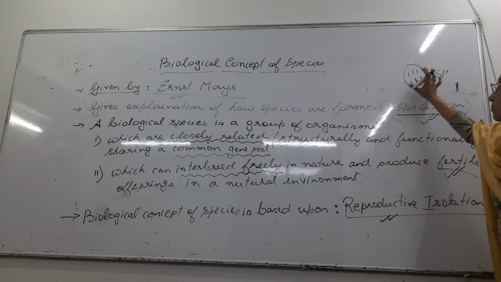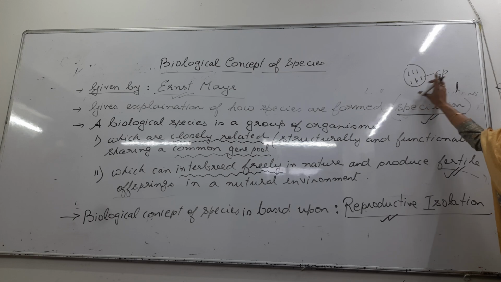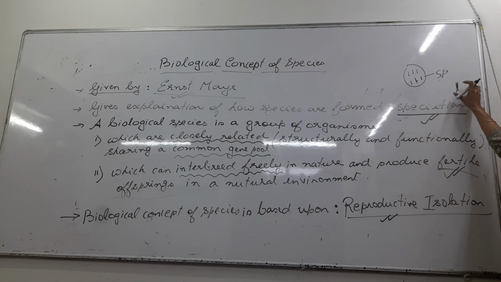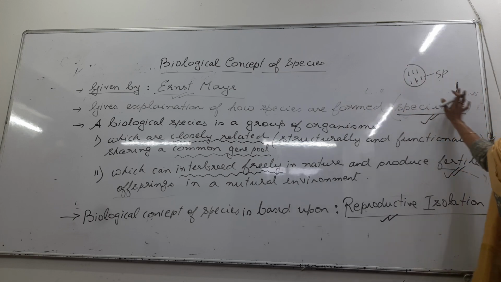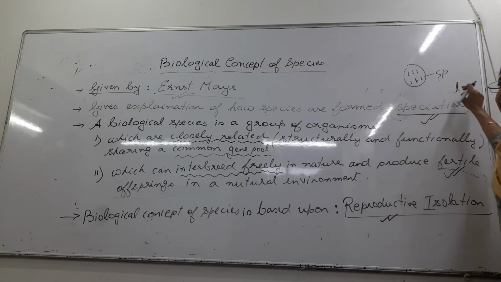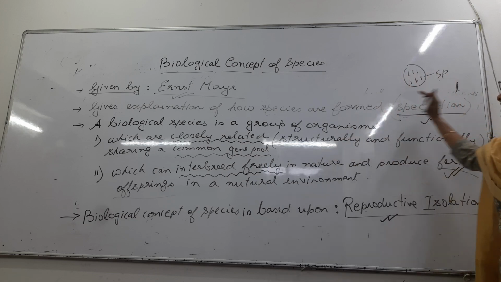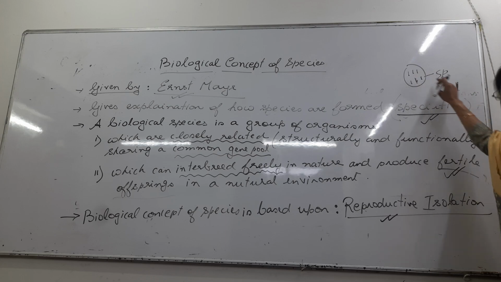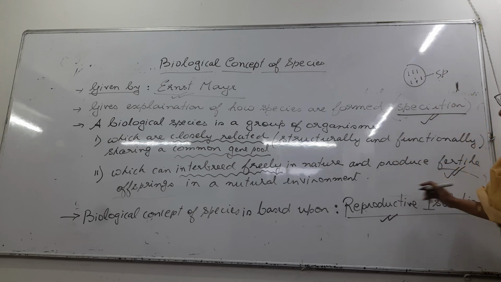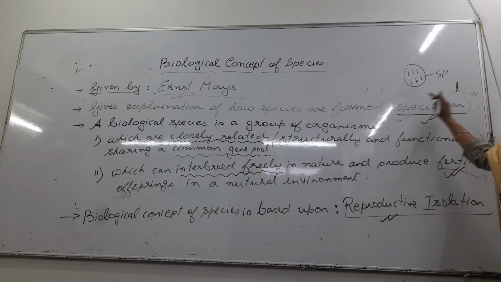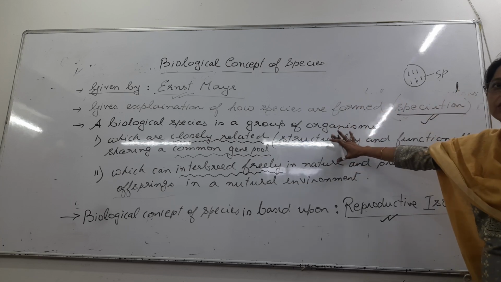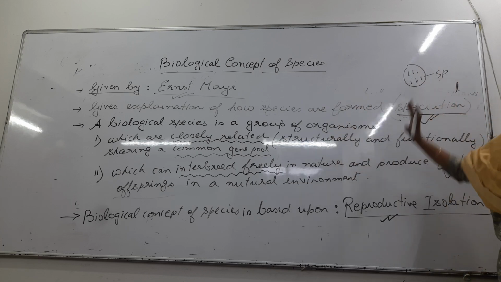For an organism to be included in a species group, it should be closely related, with the same genetic makeup. Plus they should interbreed, they should mate, and the offspring produced after mating should be fertile. If they form sterile offspring, then according to Ernest Mayr, however many similarities there are, this will not belong to a single species.